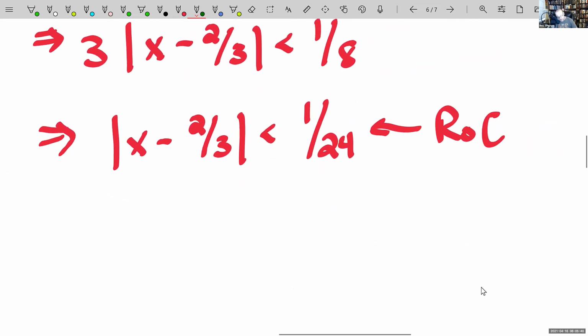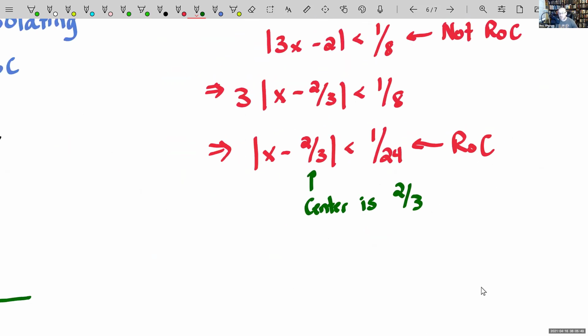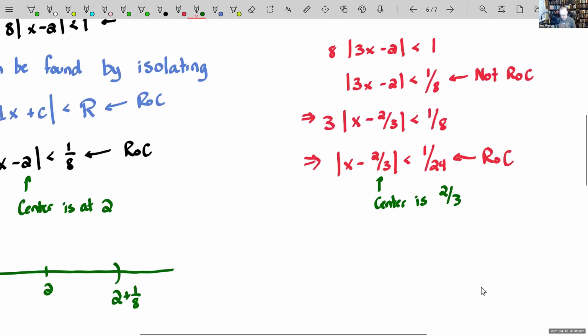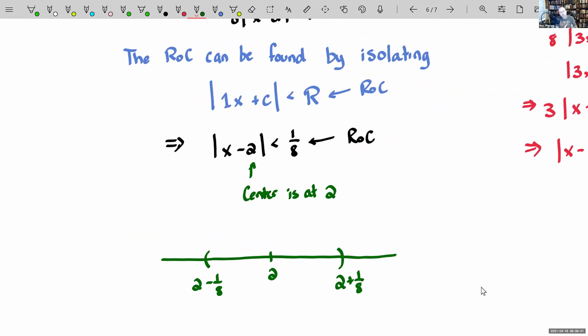And in this case, the center would be 2/3. So no matter what, once you get x with a lead coefficient of 1, you will not only get the radius of convergence, you'll get your center. You almost have everything done. In the case we have over here on the left, we just now need to check the edge points.